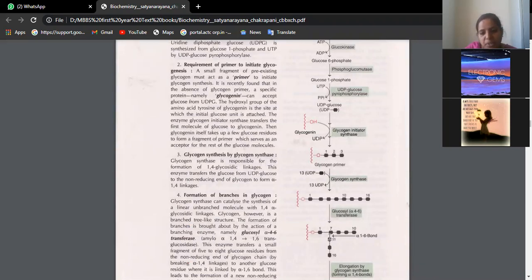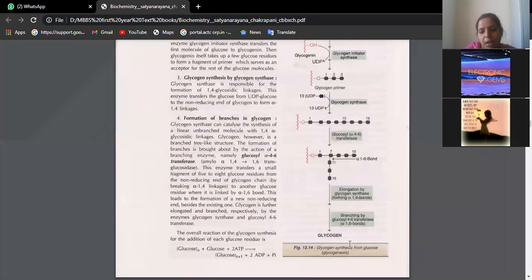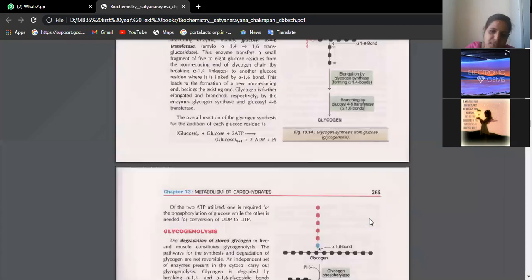Wherever we have branching, you will see alpha 1,6 glycosidic linkage. For the formation of the alpha 1,4 glycosidic linkage you have glycogen initiator synthase. Elongation by glycogen synthase forms alpha 1,4 bonds, and for branching, alpha 1,6 bonds are formed by glucosyl 4,6 transferase.